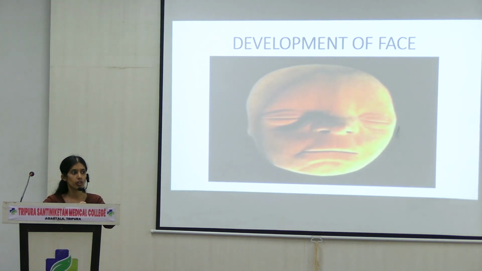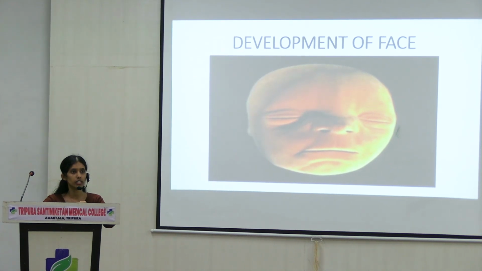Once the nasal pit formation takes place, there will be the differentiation of mesodermal cells that leads to the formation of two other important processes. What are those? Medial nasal process and lateral nasal process. By this time, your lens placode, which is present on the lateral side, will move towards the medial side and give rise to the eye region. Okay.